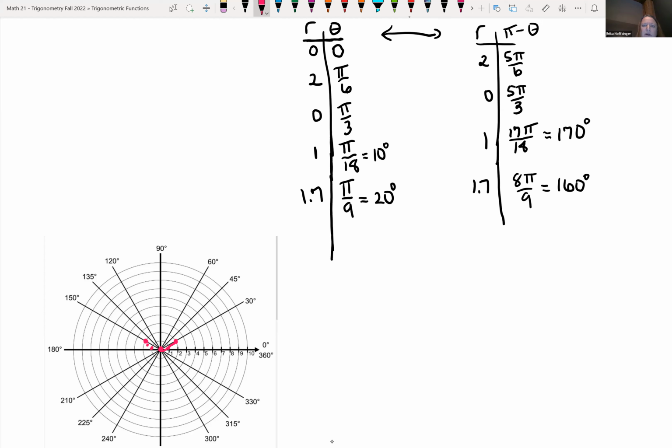Let's do the pi fourths. So that would be pi 12ths, because 3 times pi 12ths is pi fourths. That's √2/2 times 2, which is just √2, which is 1.4. And so symmetrically R is 1.4 at 11 pi 12ths. 180 divided by 12 is 15, so that's about 15 degrees.